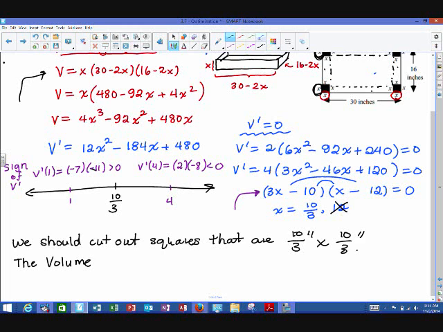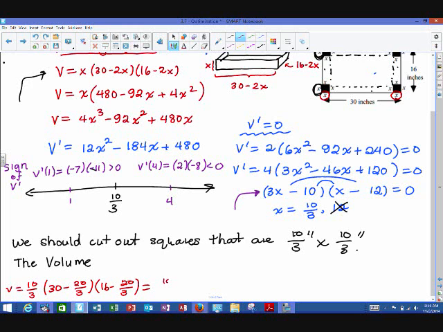So I'm going to work down here just a bit, and I'll say 10 thirds volume equals 10 thirds multiplied by 30 minus 10 thirds times 2 is 20 thirds multiplied by 16 minus 2 times 10 thirds, which is 20 thirds.